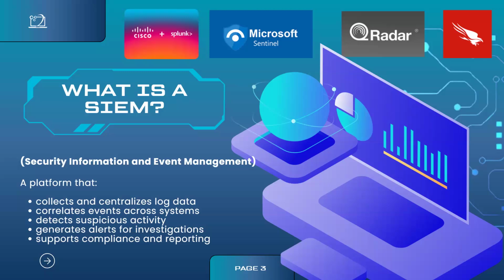So they're in the process of picking a SIEM to deploy for that client. These are very popular examples. Cisco Splunk is one of the first ones. There's also Microsoft Sentinel. QRadar, and Palo Alto, which makes firewalls, but they got bought by... and then there's CrowdStrike.